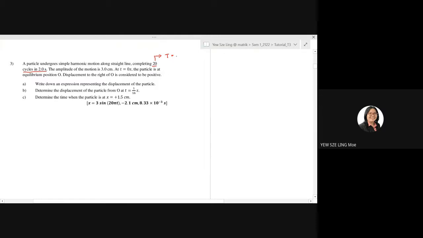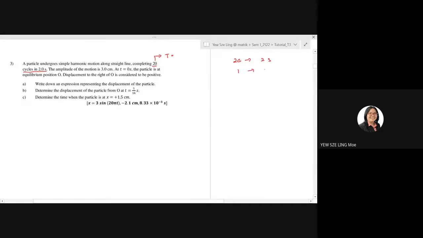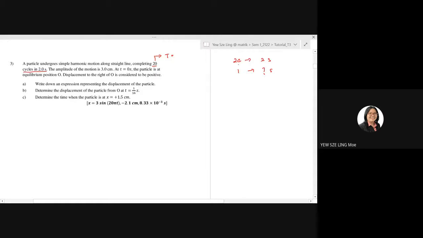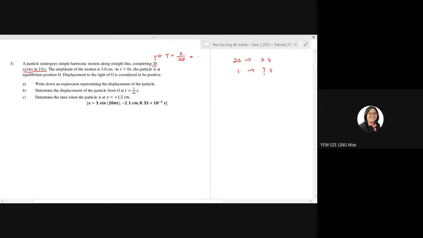T equals 2 seconds divided by 20 cycles, which is 0.1. So 0.1 second is the period.